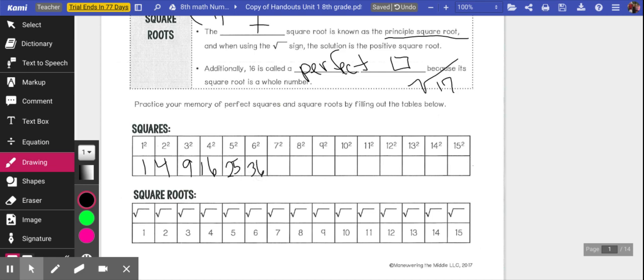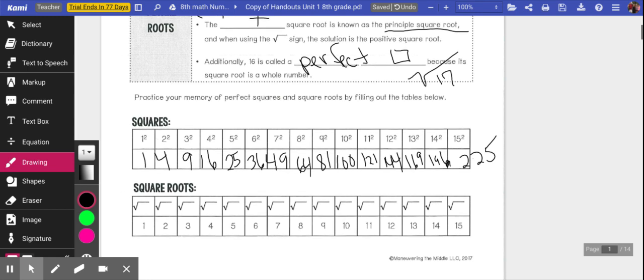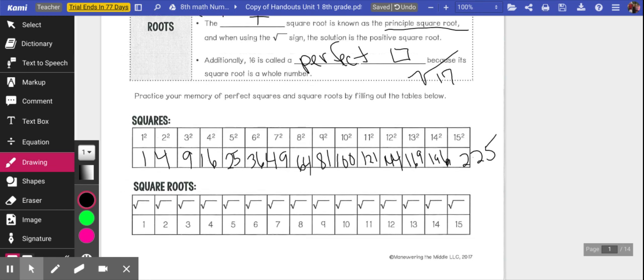And if you want to pause the video and do it yourself and then look to see what I have written, that's what I'm going to do right now: pause it, write those in, and then you can look back at them again. Okay, so hopefully if you did it right, you got these if you used your calculator. And these are ones, like I said, you should just try to memorize.